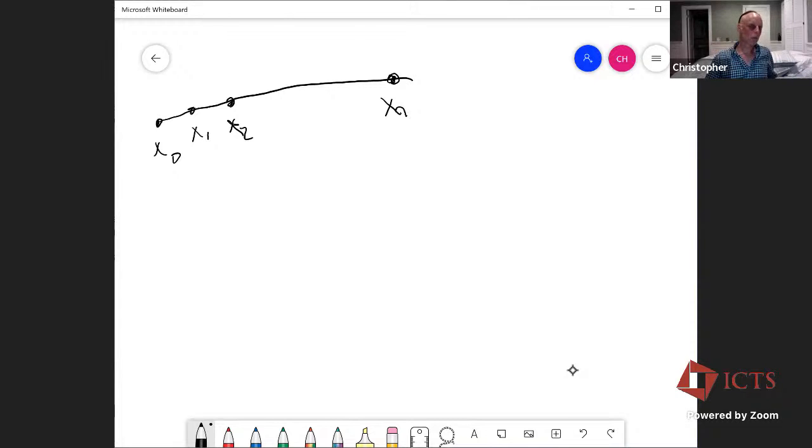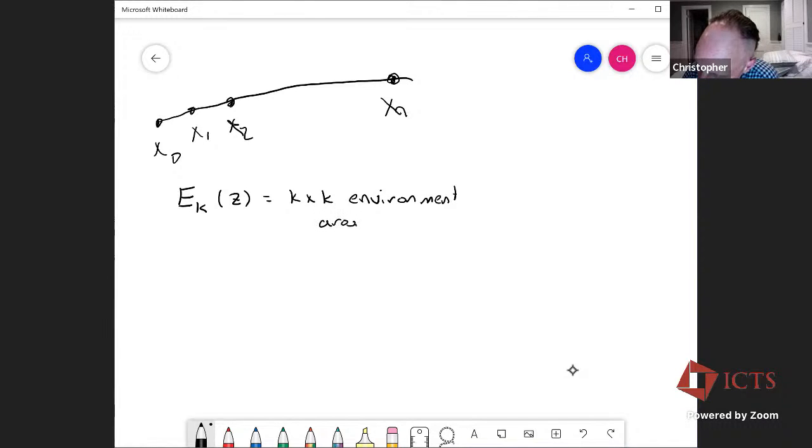And then I'll take a limit. I'll say e_k of z is the k by k environment around z.